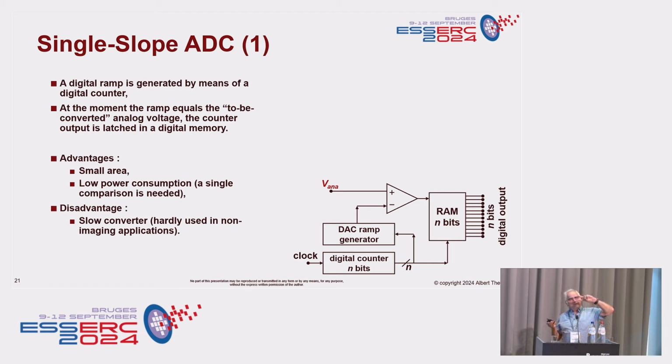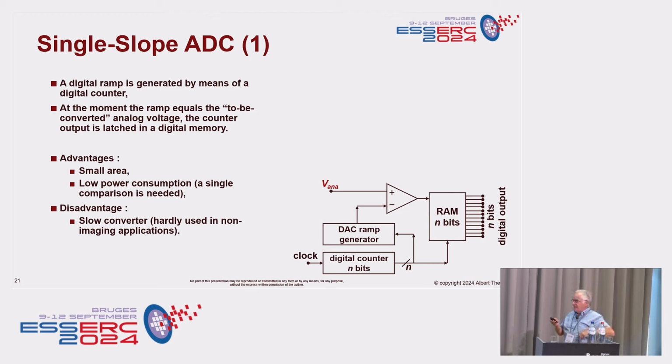You convert that increasing count into a slope, an analog signal. And that slope is fed into a comparator. And this is my analog signal that I would like to convert into the digital domain. So this is slowly increasing, and at the moment that the two signals become equal to each other, the comparator flips state.